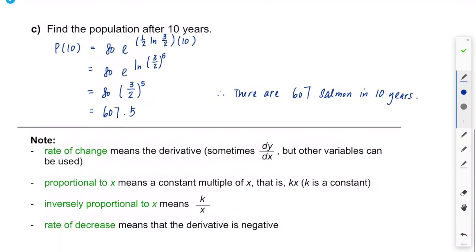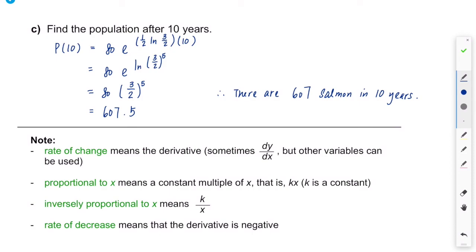So a few notes at the bottom here, just to remember that when we talk about rate of change, we're really referring to a derivative, right? Because dy by dx, you can also think of the d's like deltas: delta y over delta x, Greek letter d. And then when we say that something's proportional to x, it means that it's a constant multiple of x.